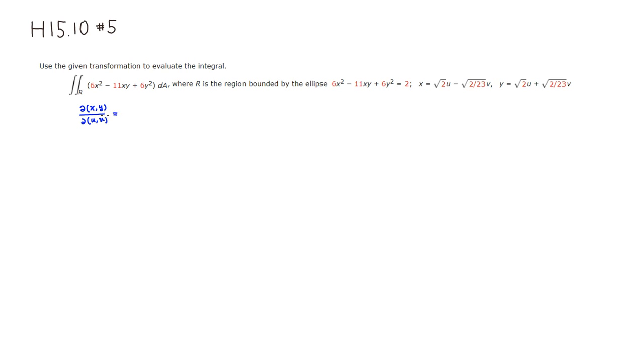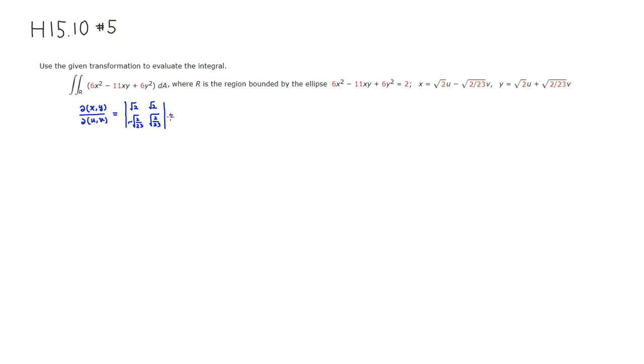So this is going to be equal to, the partial of x with respect to u is square root of 2, and the partial of y with respect to u is another square root of 2, and the partial of x with respect to v is negative square root of 2 over 23, and the partial of y with respect to v is square root of 2 over 23.